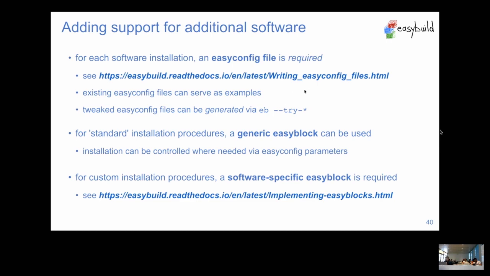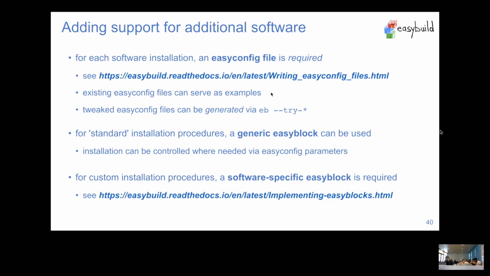I already gave an example with the CMake one. So when there are easyconfig files for the software you need already, you can use one of those and maybe just update it, bumping the version or changing the toolchain or changing some dependency versions if they are not what you want. We have very easy ways of making some simple changes to easyconfig files, and I'll show an example of that.